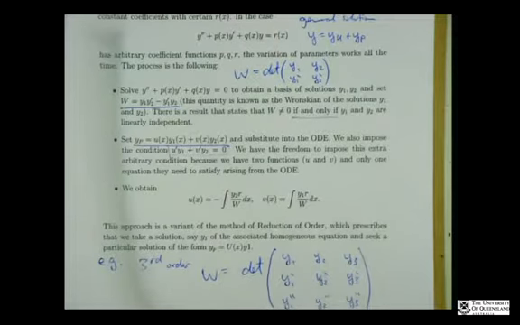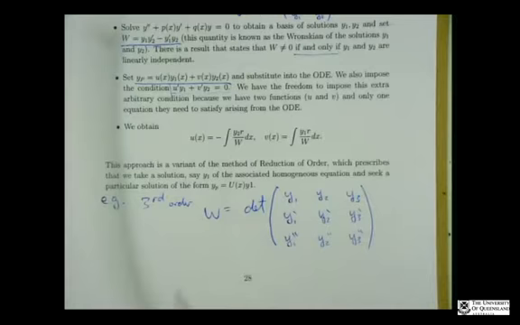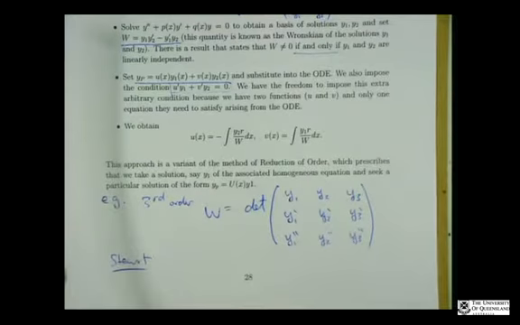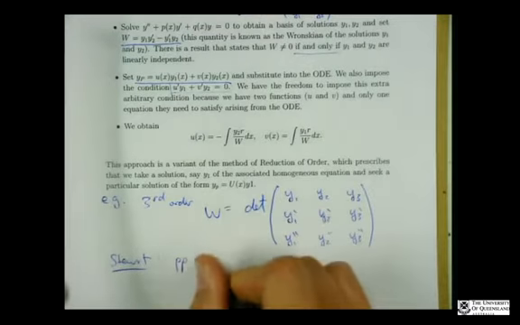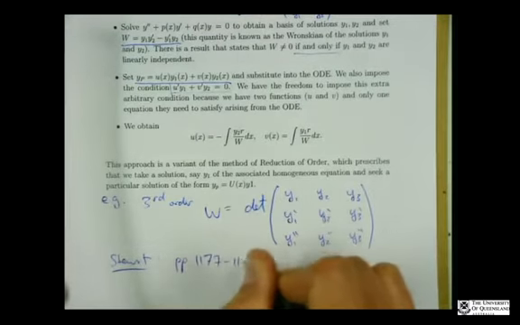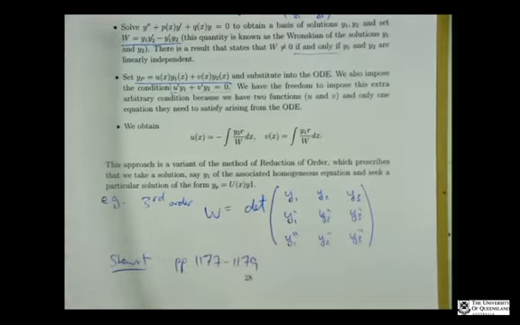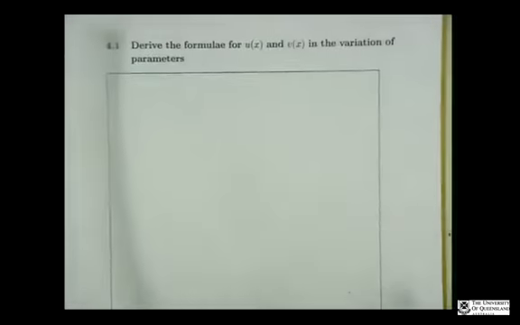I will just make a note, though, before I go on, that in the textbook, Stewart, you'll find variation of parameters discussed on pages 1177 to 1179. All right, so that's what we'll do in this next page.